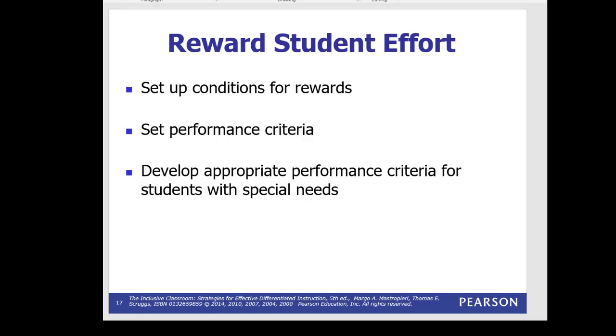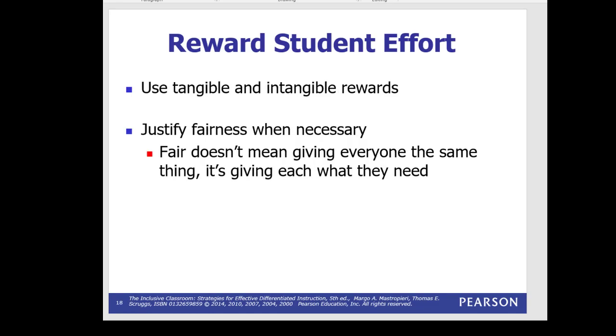Also, we have to understand that criteria sometimes has to be adjusted a little bit, especially if we have students with disabilities, especially if we have students with a behavior plan. Some students, and I guess we can go into this next idea about fairness, some students need different things than other students. I know that's a very general statement. This is where we get into this idea of fairness versus equality versus equity.